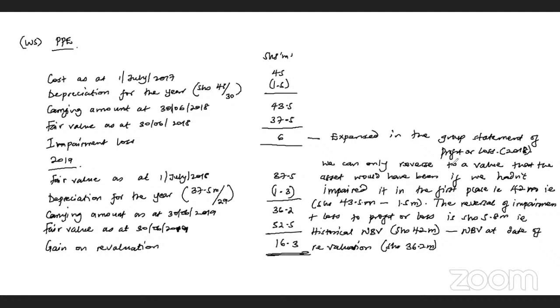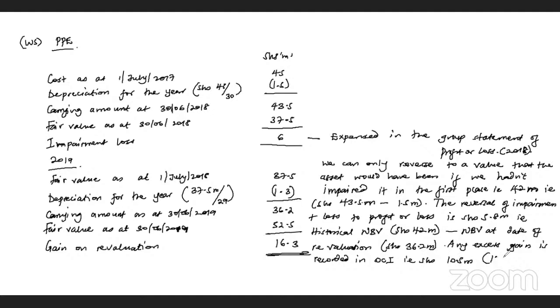Of course, any excess gain is recorded where? It is recorded in OCI. It is shillings 10.5 M. How do I get the 10.5 M?